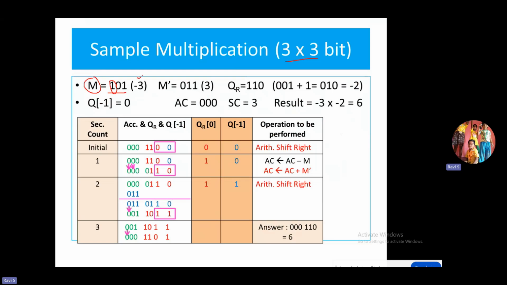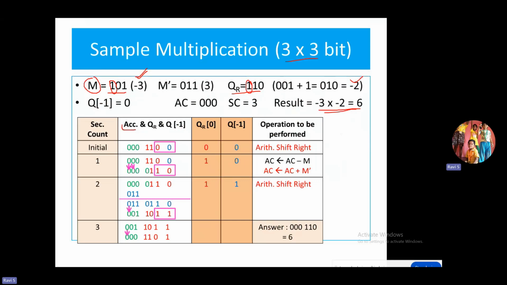To calculate the actual magnitude, take the 2's complement and put a minus sign, so its value is minus 3. I have taken the multiplier as 110, and again the first bit is 1, so the actual value is minus 2. Multiplying minus 3 and minus 2, we are supposed to get 6 as the result. We will do this with the help of Booth algorithm.